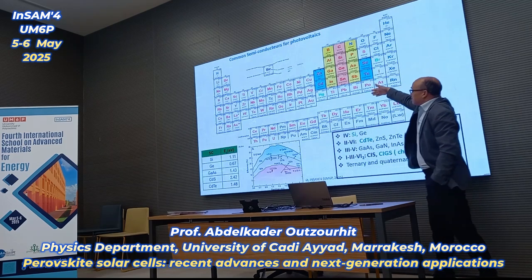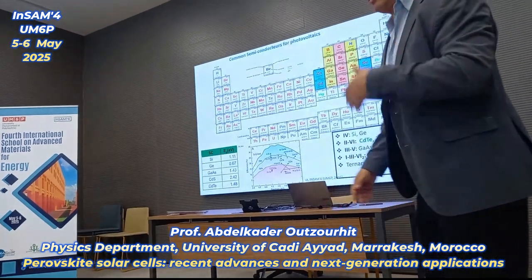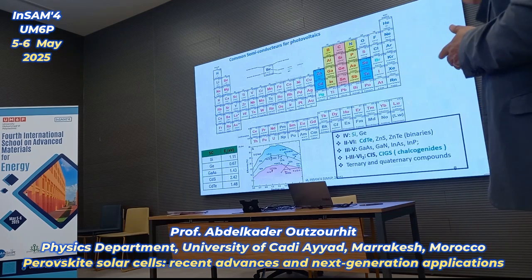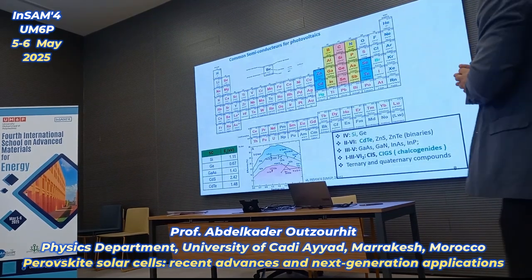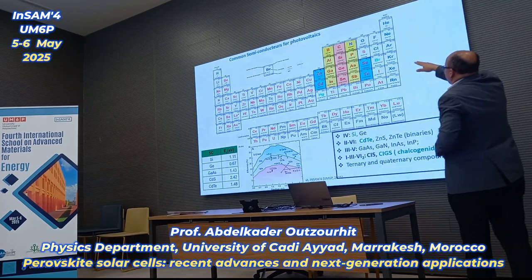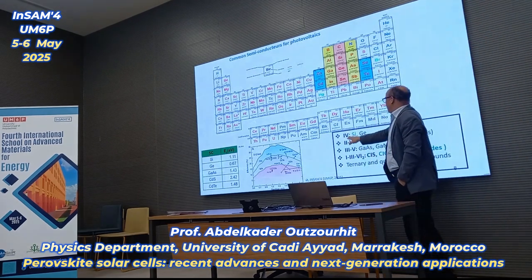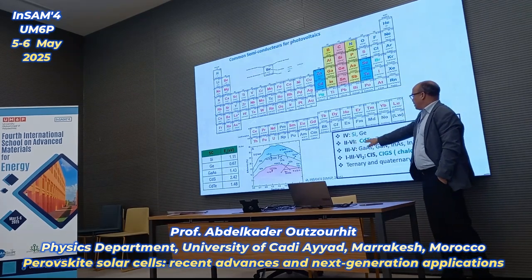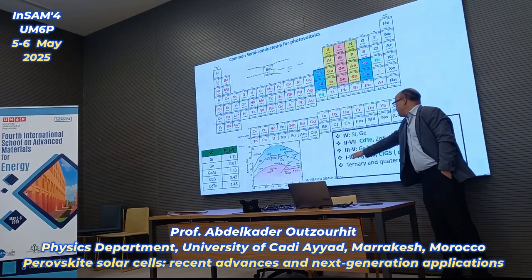For the semiconductors commonly used in PV, there is silicon, a group 4 element, germanium, and then you can have binaries like gallium arsenide, aluminum phosphide, and so on. These are called the 3-5s. So we have the group 4, the 2-6s, one element from column 2 and one from column 6, and also the 3-5s.